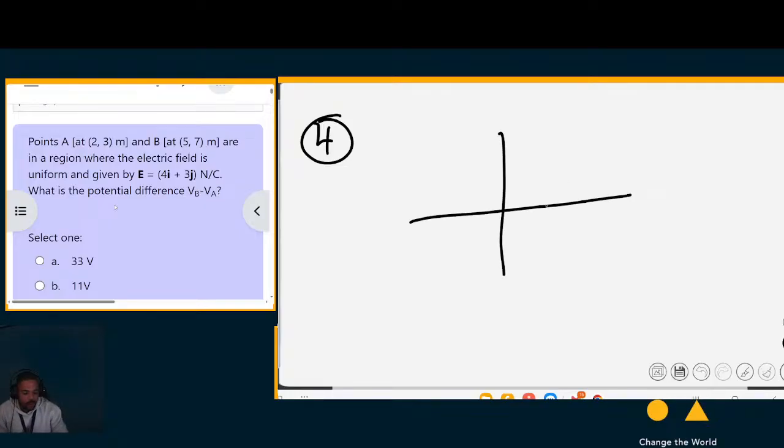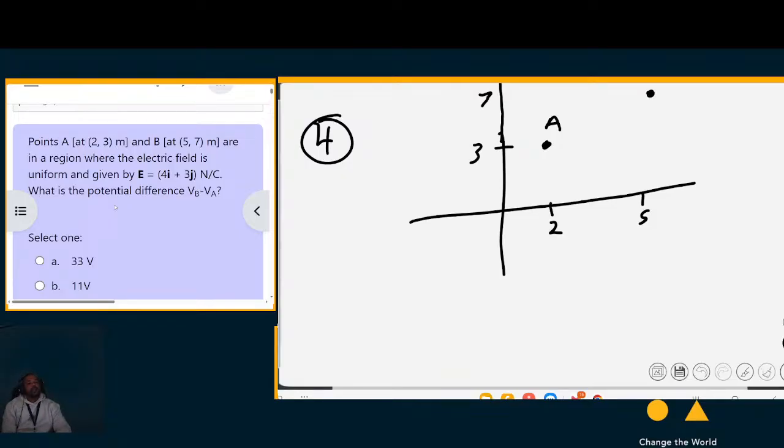At 2 on the x-axis and 3 on the y-axis, that's point A. Then we have point B at 5 on the x-axis and 7 on the y-axis. Not to scale. So those are the 2 points.